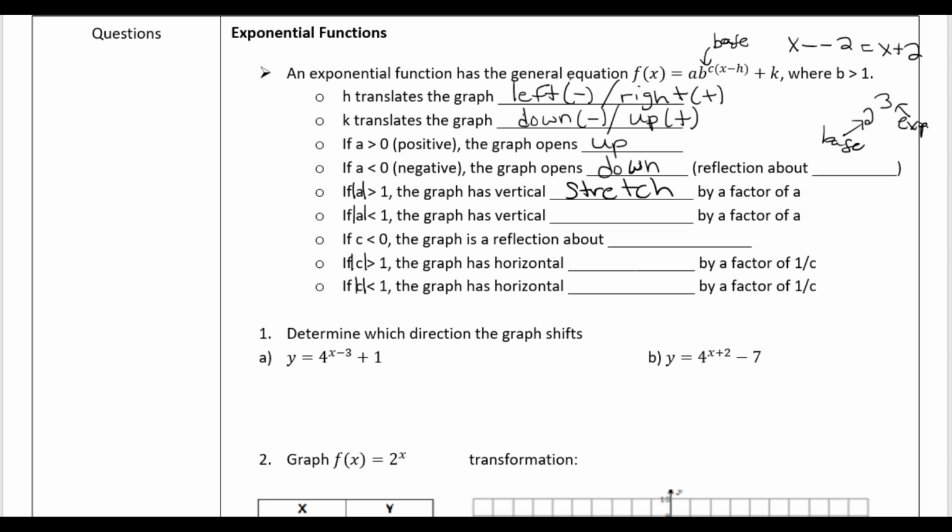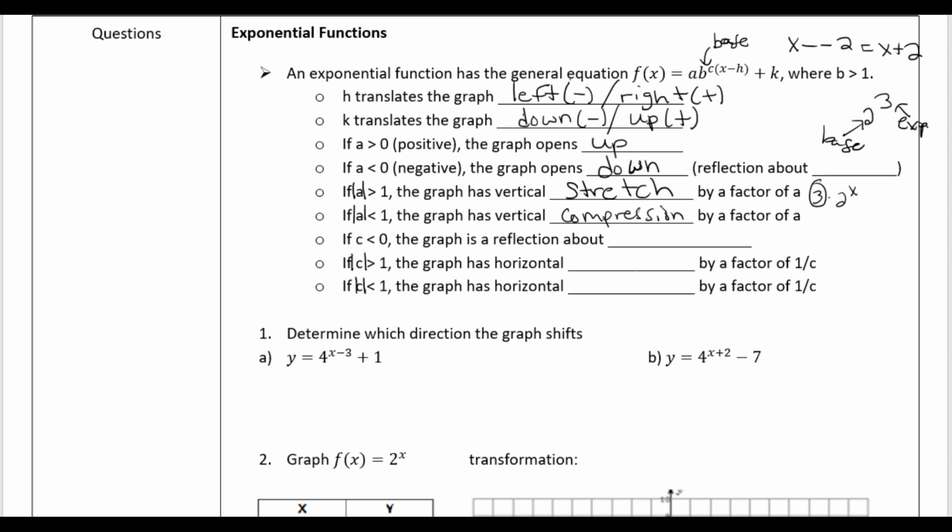If we had 3 times 2 to the x, for example, then that 3 is your a. That 3 is bigger than 1, so it's going to be a vertical stretch by a factor of 3. If the absolute value of a is less than 1, the graph has a vertical compression by a factor of a.